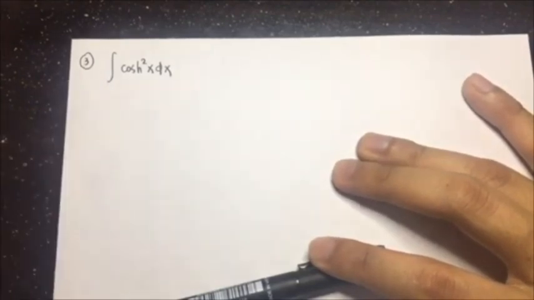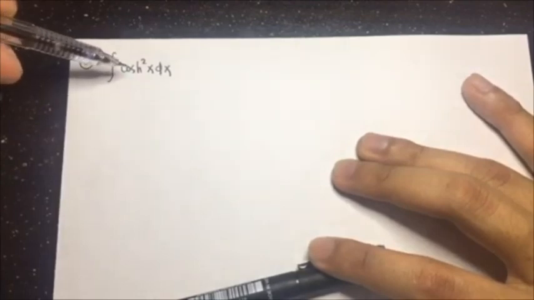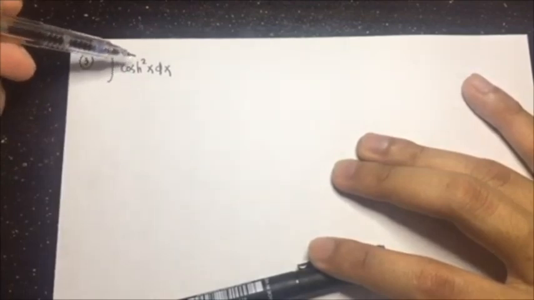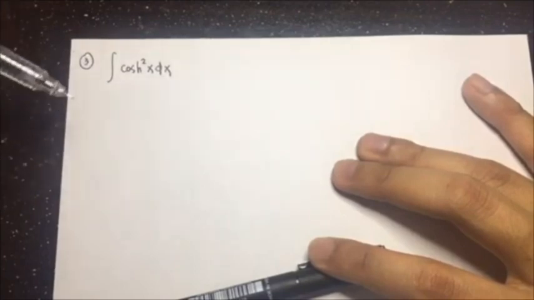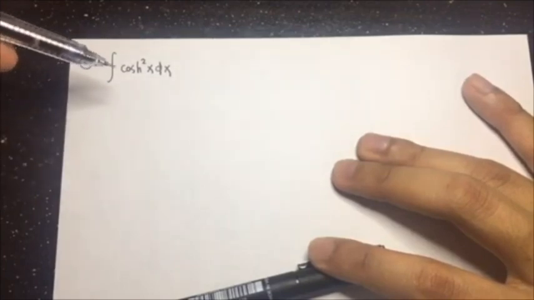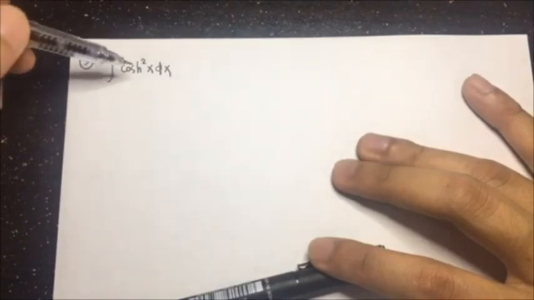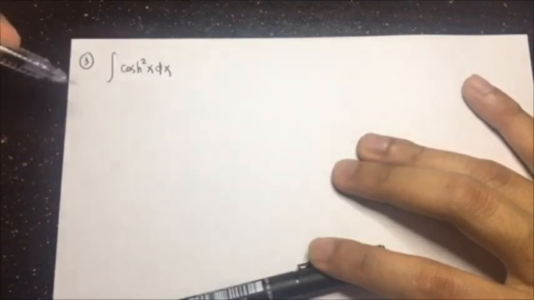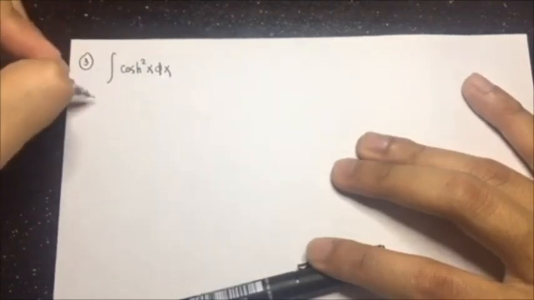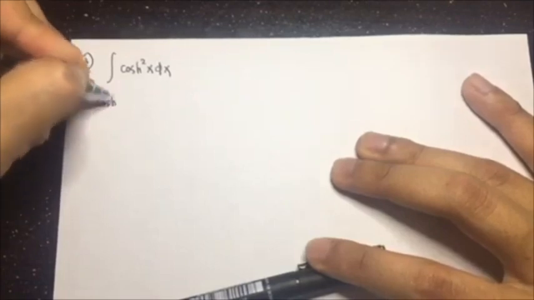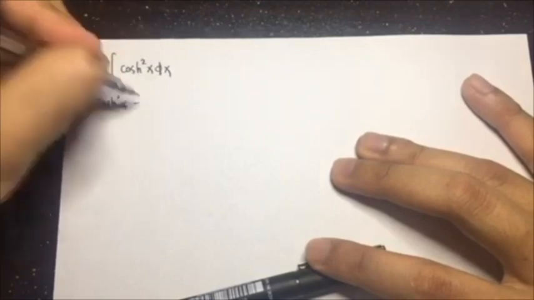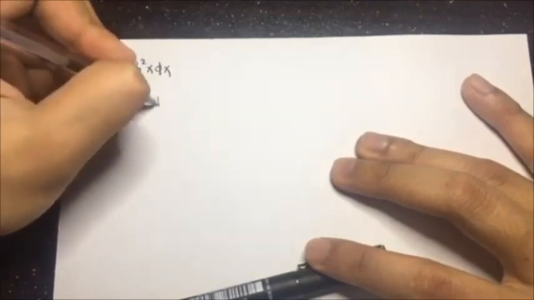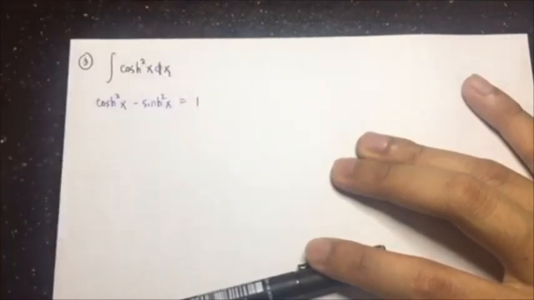Okay, since we have here a hyperbolic cosine squared, let's recall the identities that have hyperbolic cosine squared in them. The first one is hyperbolic cosine squared of x minus hyperbolic sine squared of x is equal to 1.